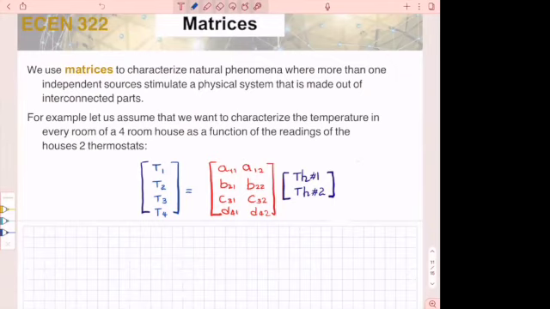Why? Because the temperature variation depends on the size of the room, depends on whether you're on the upper floor, lower floor, if you have open spaces where the air is moving and the whole bit. And if you try to analyze that theoretically, you can never get done, especially with complex buildings like this.